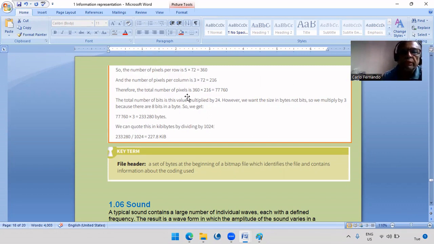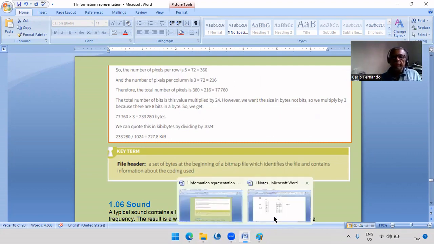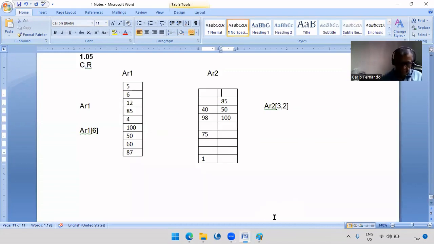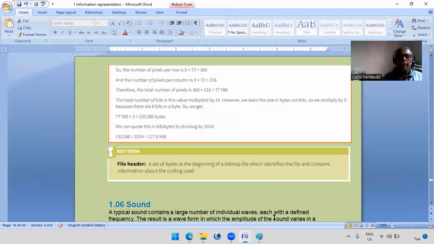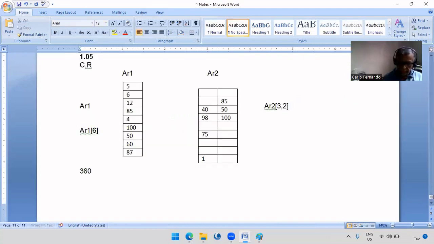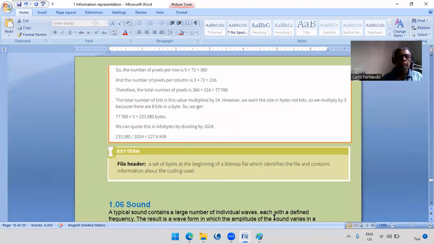Therefore, the total number of pixels is 360 times 216, equals 77,760. At this point, I must tell you that you don't have to give final results of the calculation. You can just say 216 times 360. That would do.